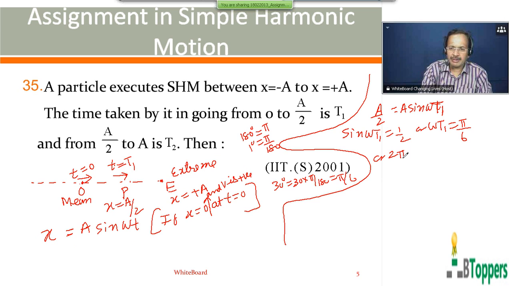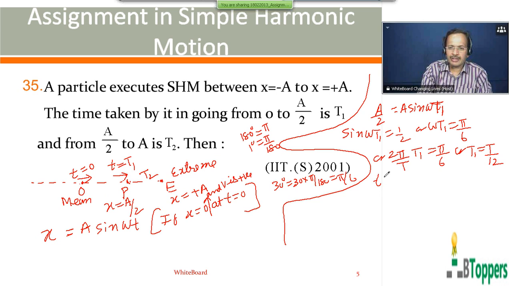Omega you can write as 2 pi by capital T, where capital T is the time period of oscillations. So you get t1 equal to 1 by 12th of the time period. The time taken to move from point P to the extreme position is denoted by t2.